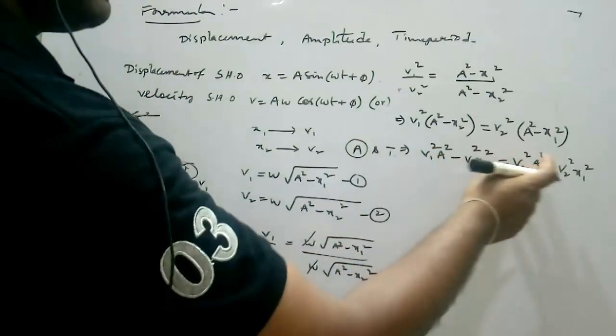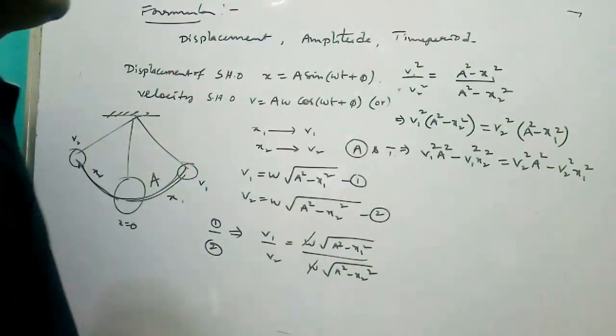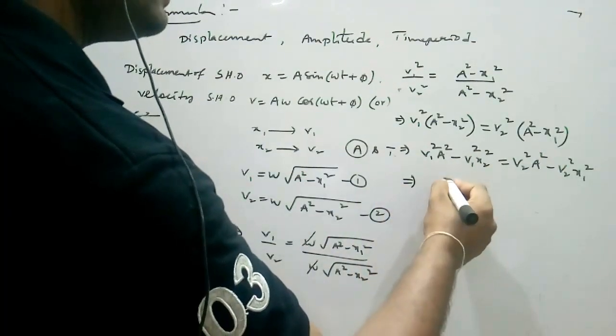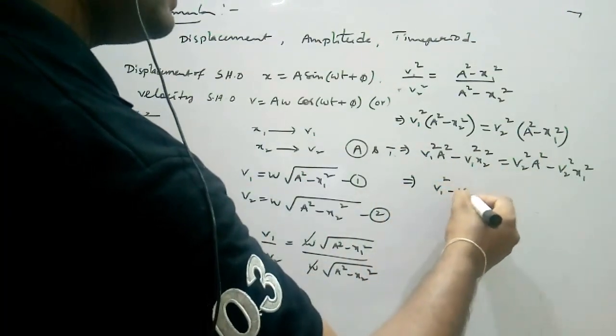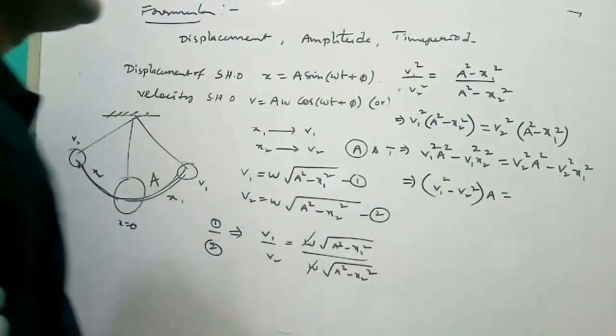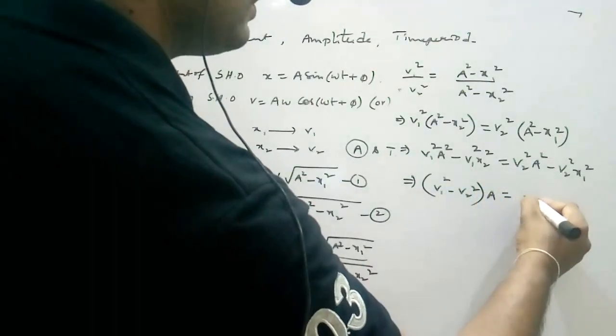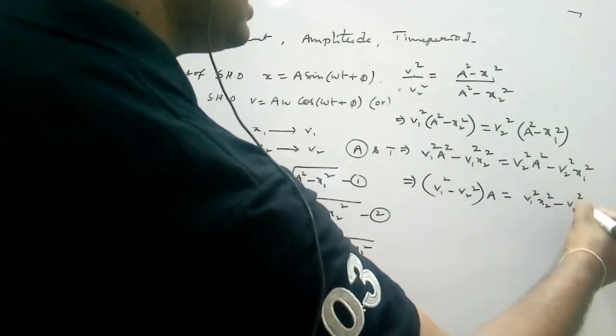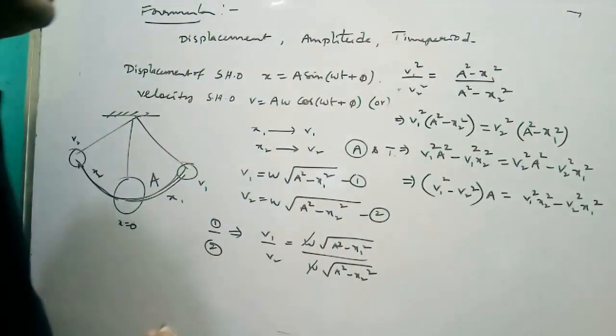We take the common a square from this equation. Then v1 square minus v2 square into a square equal to v1 square x2 square minus v2 square x1 square.